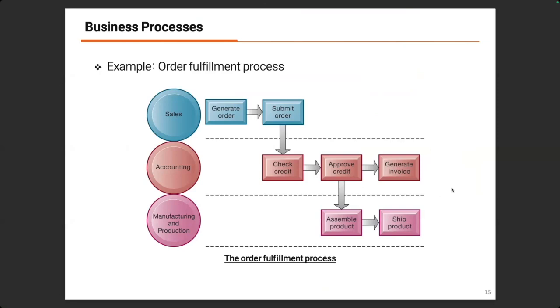These kinds of processes require coordination across many departments. For example, the business process of fulfilling a customer order can be seen as quite a simple process, but we need to know there exist more detailed and somewhat complicated processes in there.